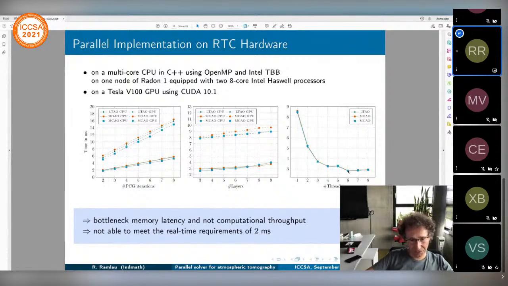Almost, not quite. What is the bottleneck here is still the memory latency and not the computational throughput. So the communication between the processors and the communication needed to read the data and store the data is much heavier than the computation itself.